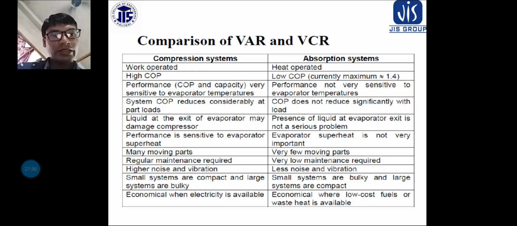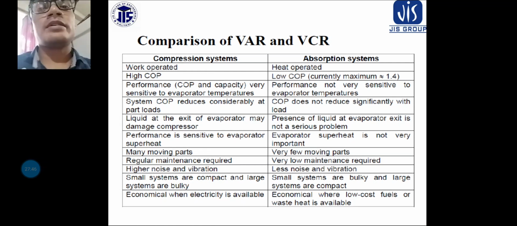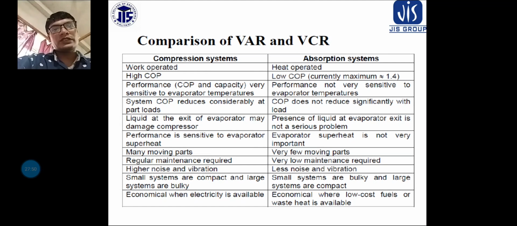Next is economical when electricity is available. If electricity is available, then you can say it is economical. Now in case of an absorption system, it is economical where low cost fuel or waste heat is available. So in a power plant, you can use the flue gas which is going to the chimney.